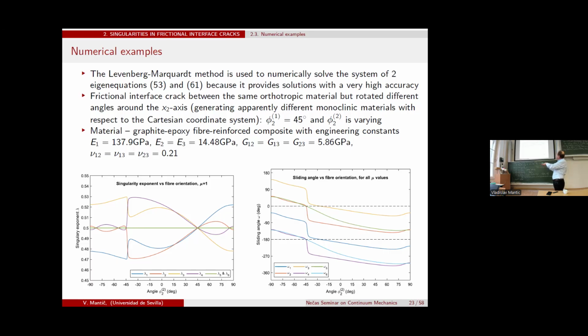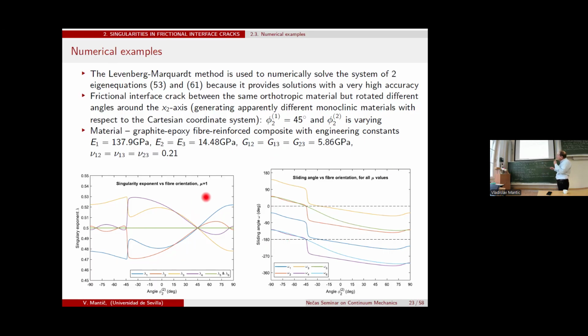Here we rotate it 45 and minus 60. These are the material properties. The material in the bottom is at 45, and the other lamina is rotating, and we are looking at how this singularity exponent is changing.